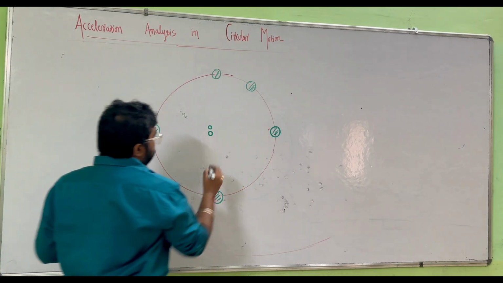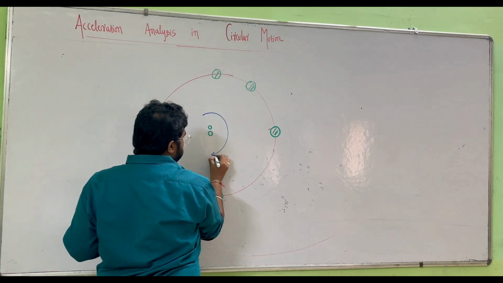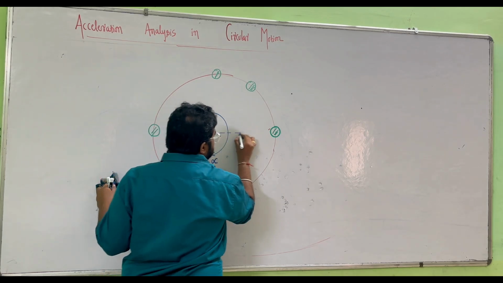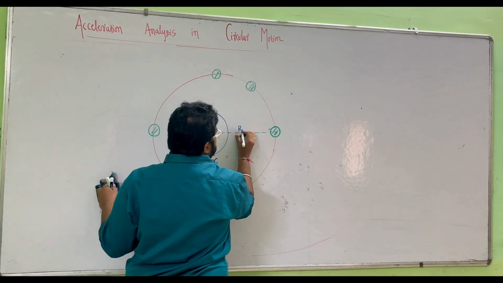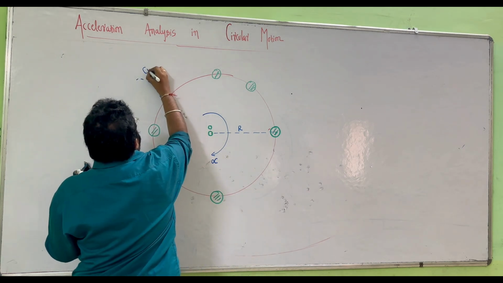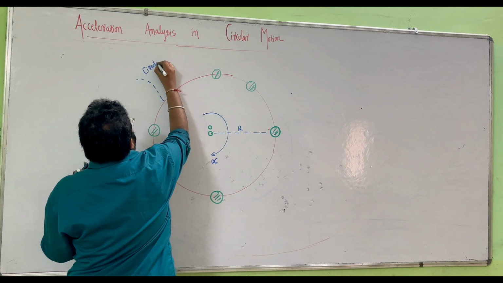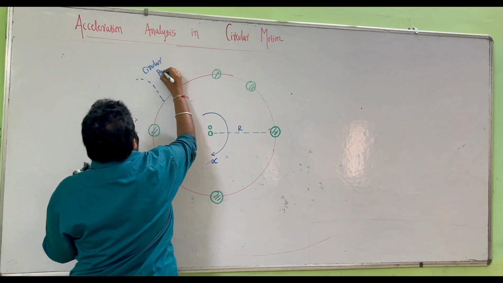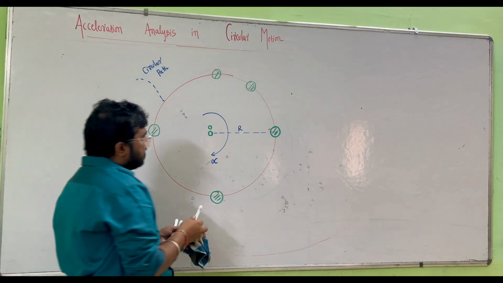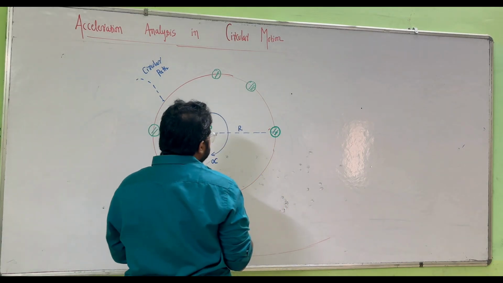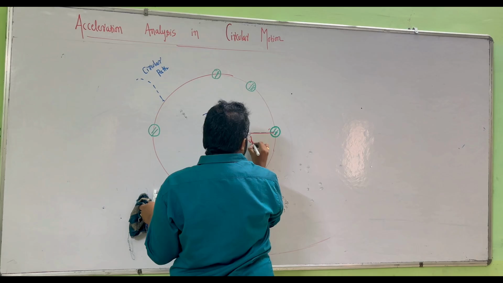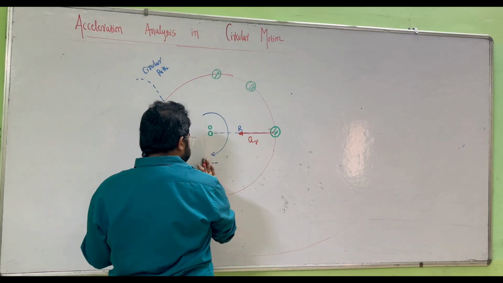So the particle moves along the circular path with alpha as the angular velocity. This is the radius r. It's a circular path. So what is the tangential acceleration? It is always at the center of rotation.